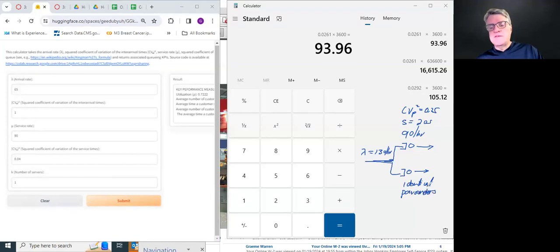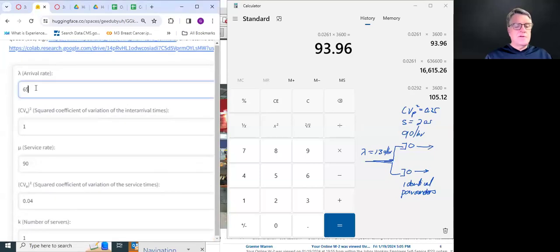And let's see if the pooling with untrained people makes a difference. So go ahead and zoom in here, make this 130. It's a Poisson process. This is a result that is presented without proof in the simulation in the queuing chapter.